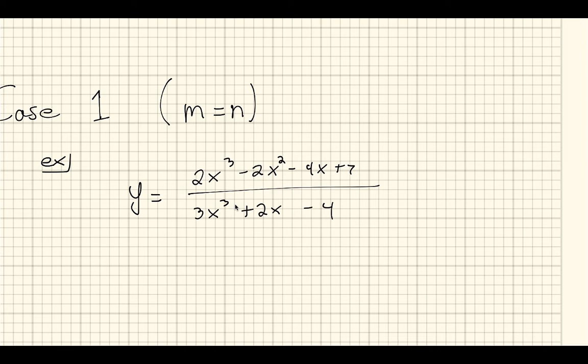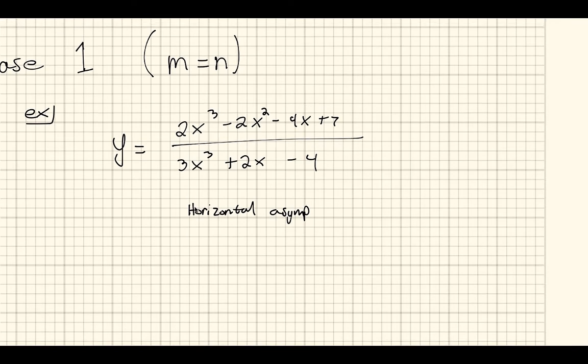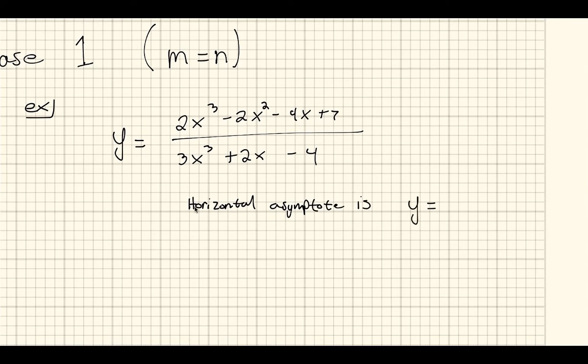And when I'm finding a horizontal asymptote and the degrees are equal, what we want to do is take the ratio of their leading coefficients. So this 2 and this 3, that's where I'm going to get my horizontal asymptote. The horizontal asymptote is, in this case, y equals 2/3.